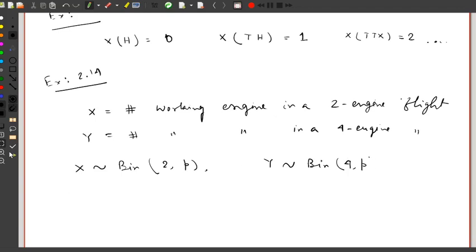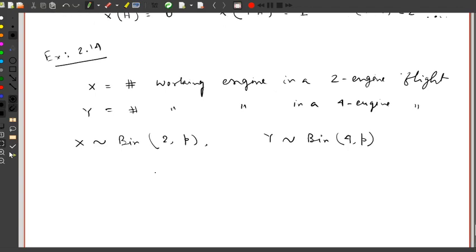Now, if I try to find the success probability for a two engine plane, at least 50% has to work, and because I have two engines, at least 50% means that either one engine works or both engines work.